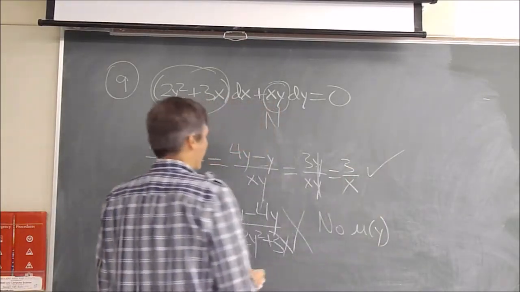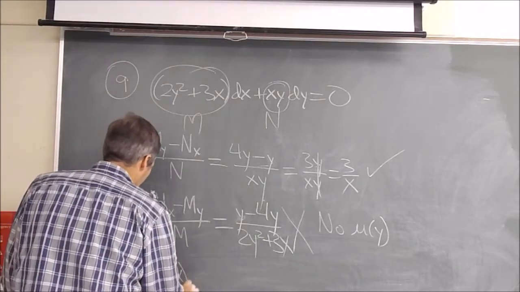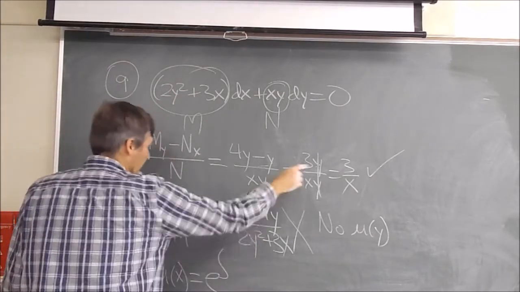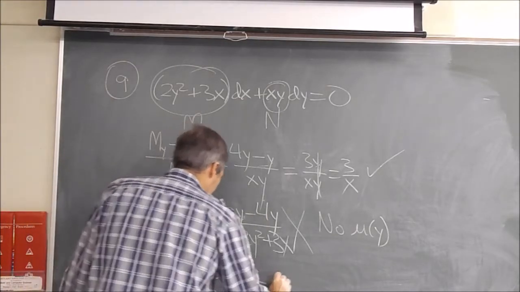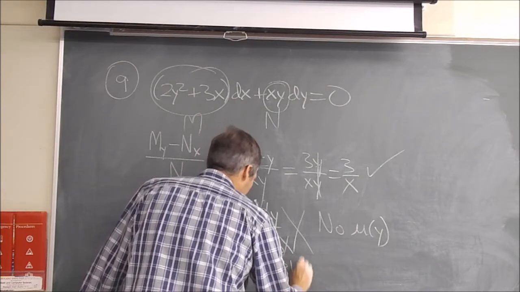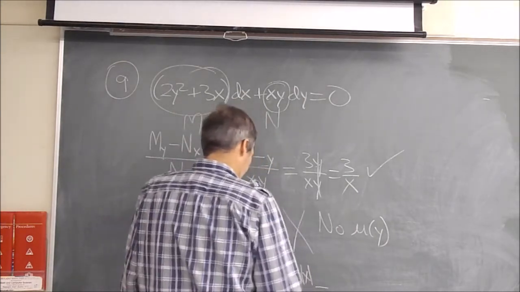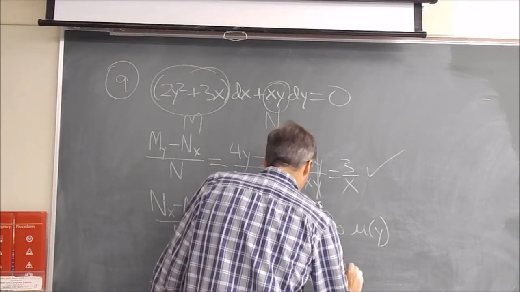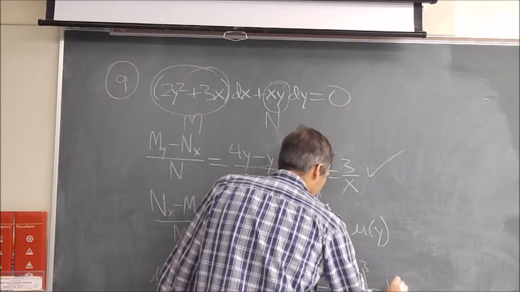There is an integrating factor that's a function of x only, and it is u of x equals e to the integral of whatever you got here, 3 over x. Well, this is e to the 3 natural log x, which is e to the ln of x to the 3rd, is x to the 3rd.